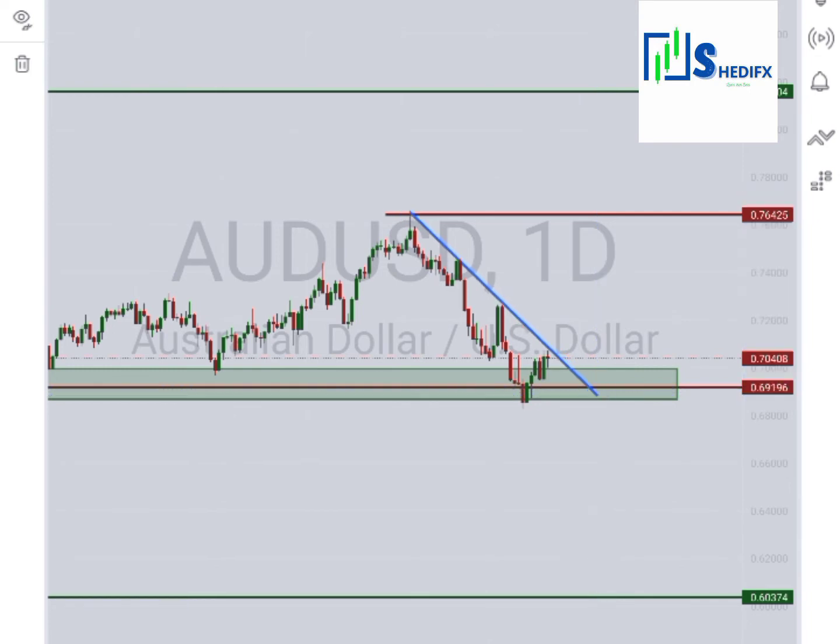So all we have to look out for now, we have this last low here. So all I want right now is a breakout, a break and retest. Then I set to the top.